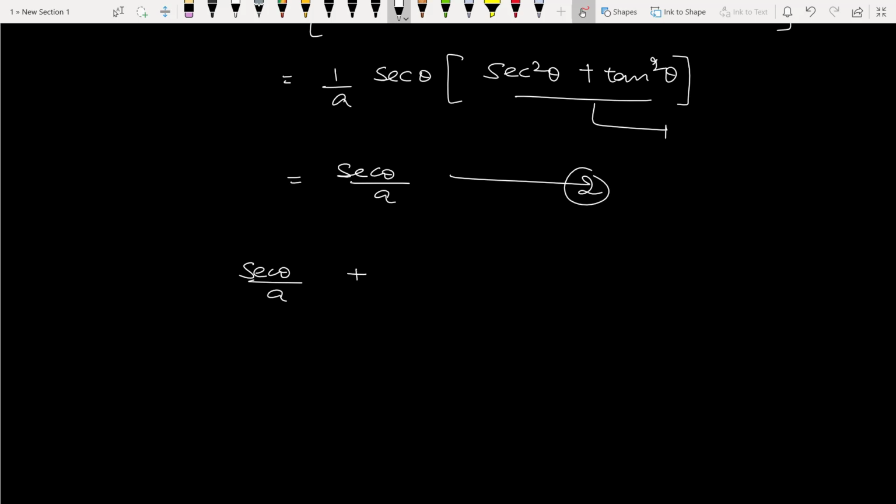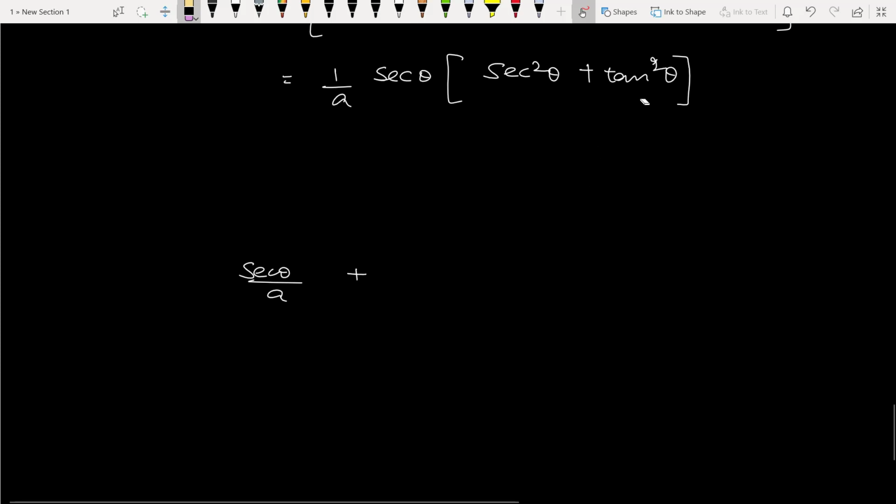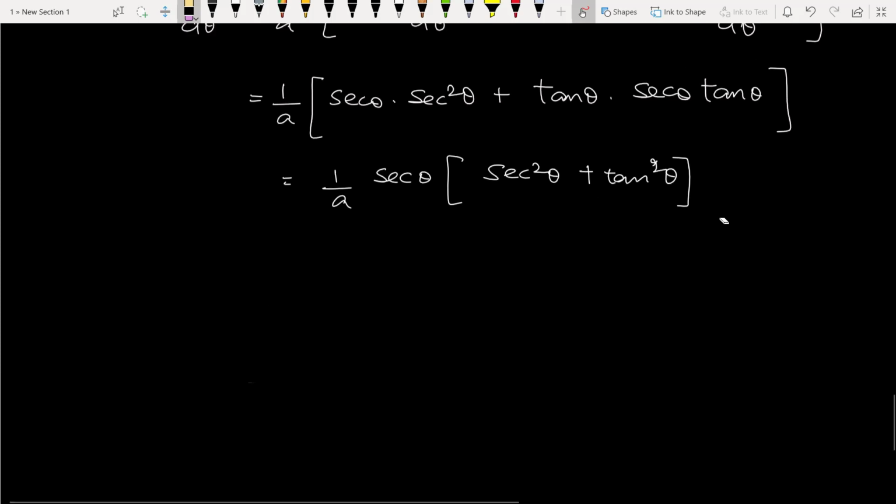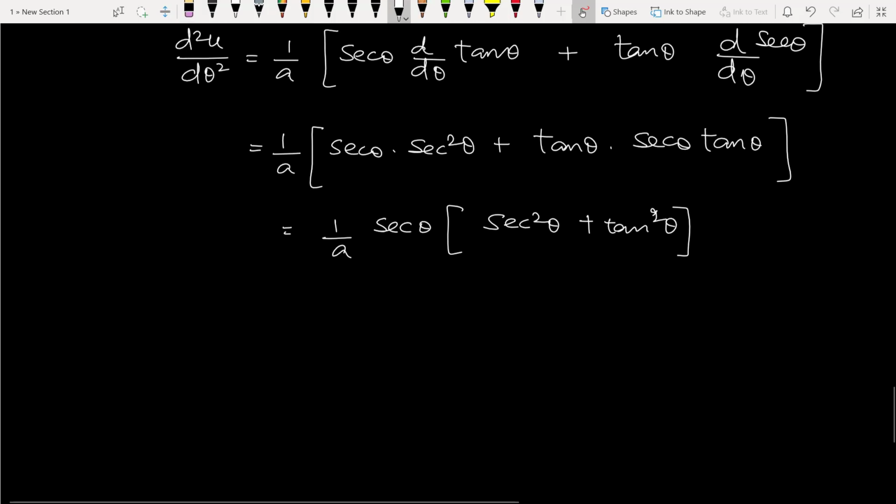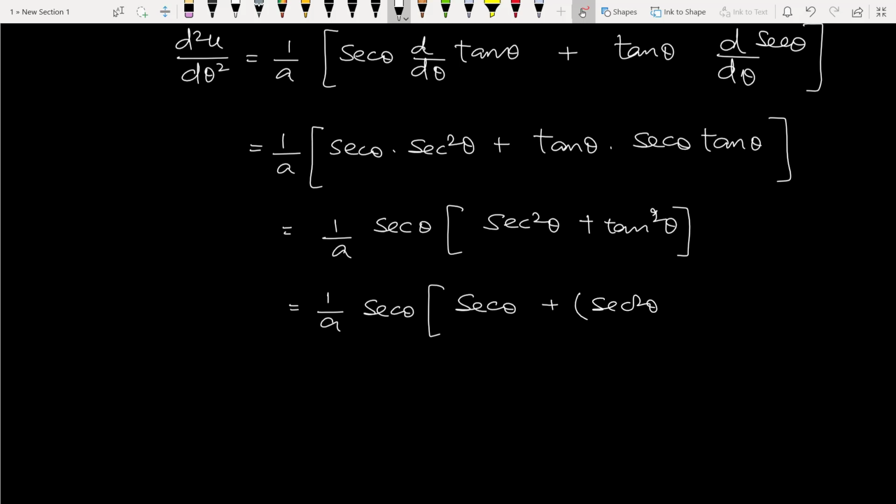Oh, it is not 1. So now we are to solve this. Tan square theta is secant square theta minus 1, so it is secant theta divided by a, 2 secant square theta minus 1.